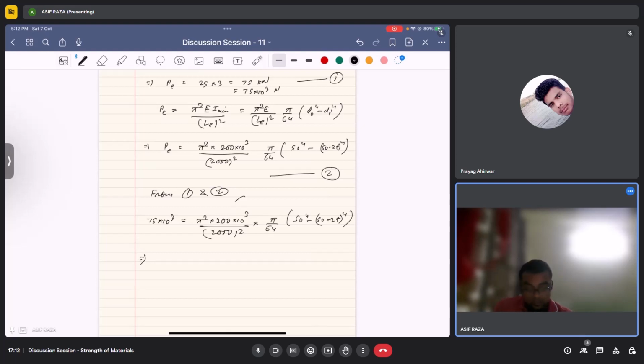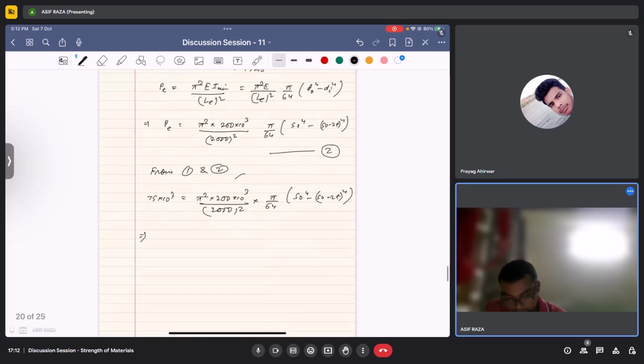Let's do the calculation. I can write it as 75 into 2000 square divided by 200 into 64 divided by pi cube. So 50 to the power 4 minus 50 minus 2t to the power 4 comes around 3096147.3055.